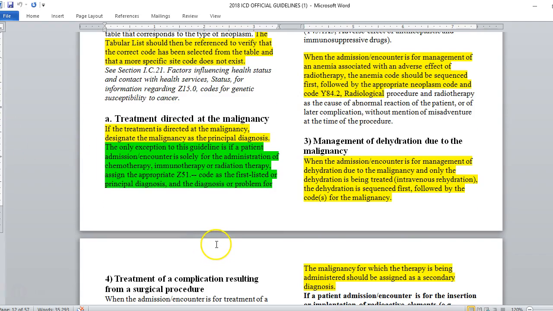So let's talk a little bit about treatment, okay? We have three main types of treatments that we use when it comes to cancer. So the first thing is radiation therapy. We use different radiation beams to get the radiation into the body. Radiation tends to shrink tumors. We also use chemotherapy.